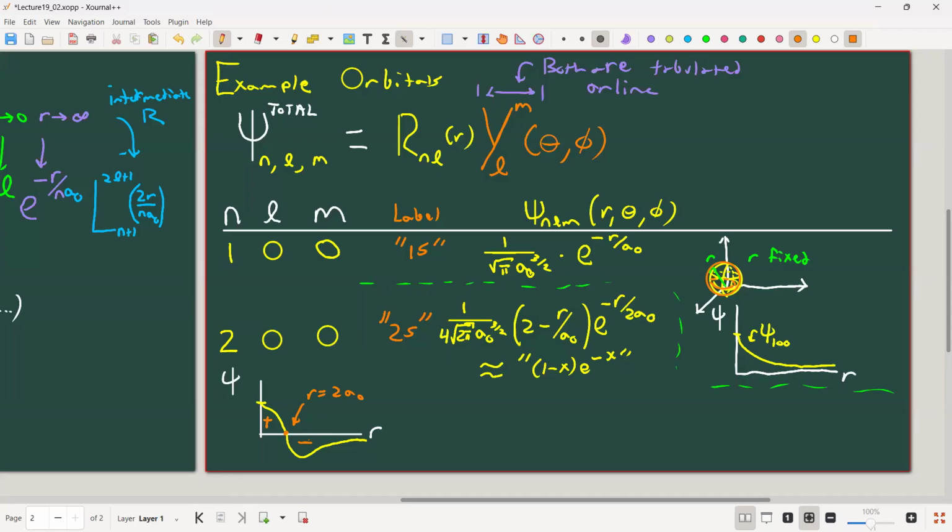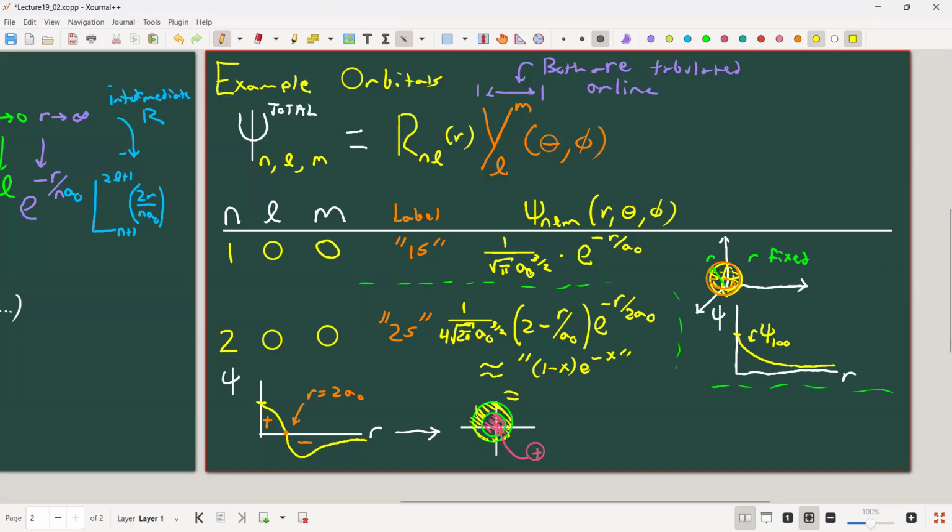It still looks like a sphere, but it has a core inside of it of different shapes. It looks like two concentric spheres, where the internal part is negative and the external part is positive.